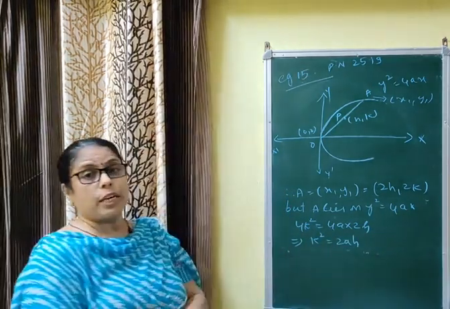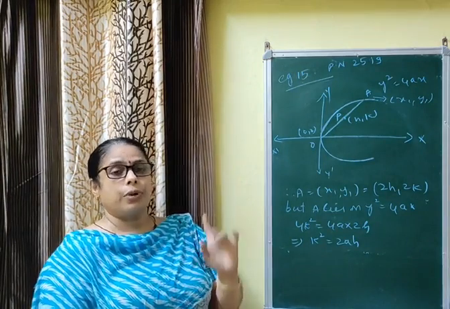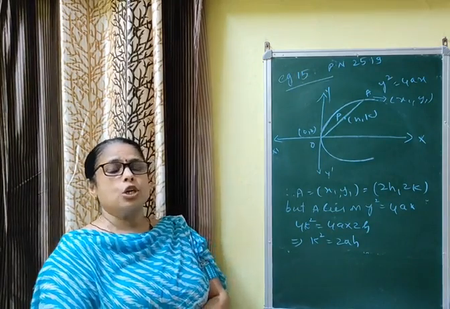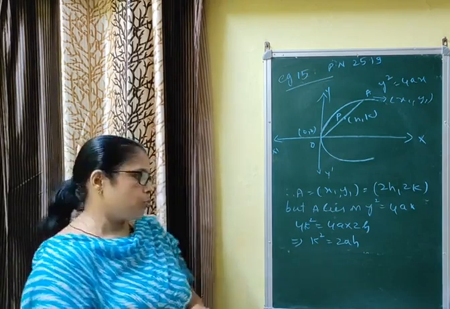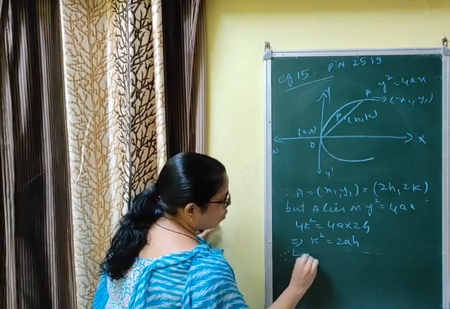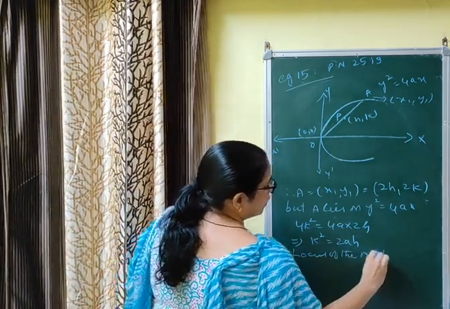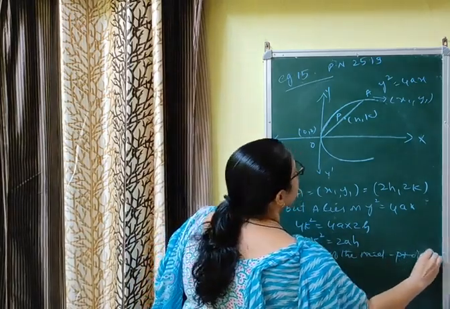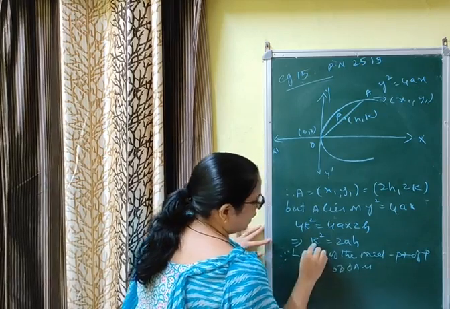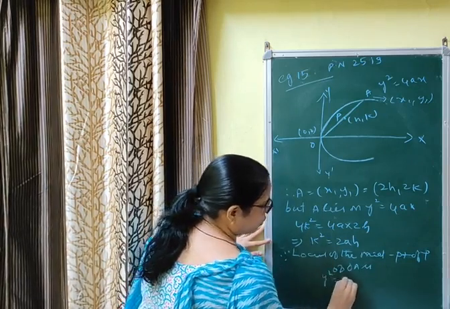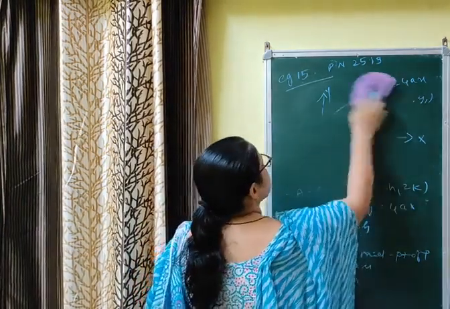But for finding the locus, do you remember what I have told you? For finding the locus, at last you have to replace the arbitrary point (h, k) by the general point (x, y). Therefore, the locus of the midpoint P of OA is y square is equal to 2ax. Now this is example 15.